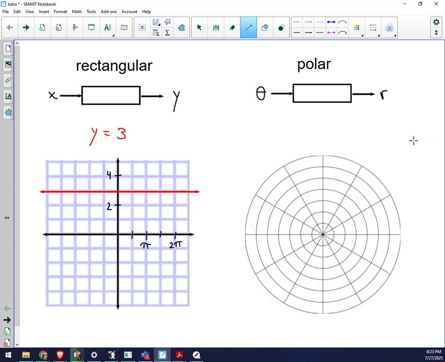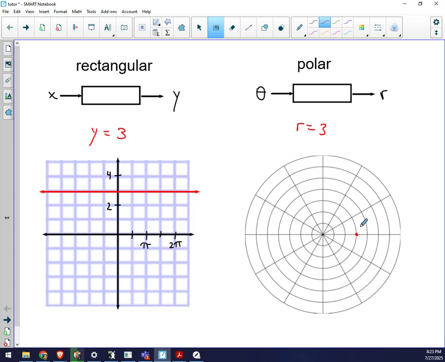Now, when we're graphing a polar function, it's not y equals 3, but the output is r. The input is the angle, and the output is r, so the equivalent function would be r equals 3. Every point on this polar coordinate graph where the radius is 3 units from the pole: 1, 2, 3.